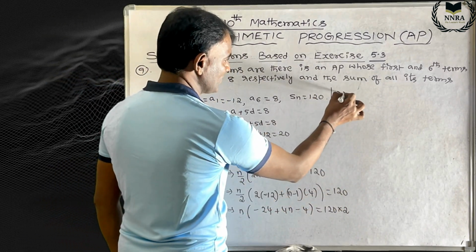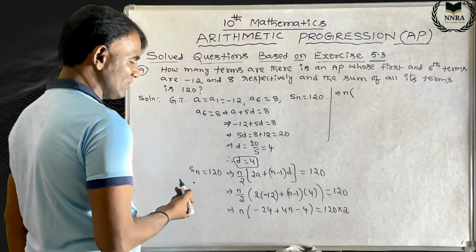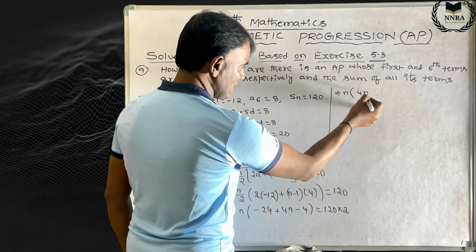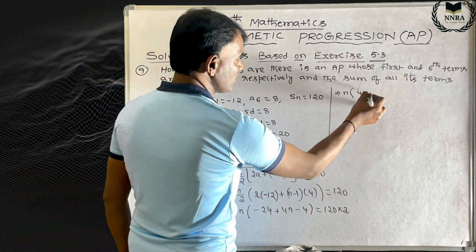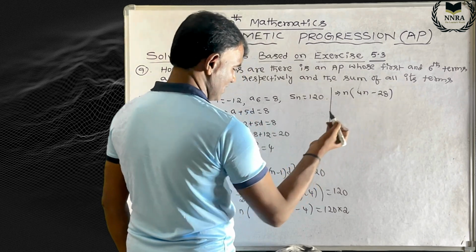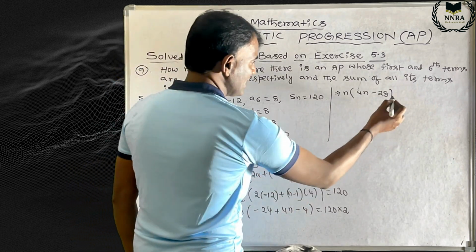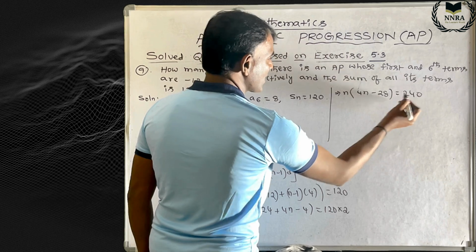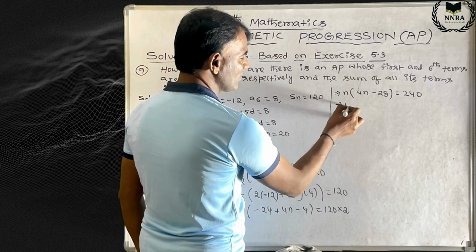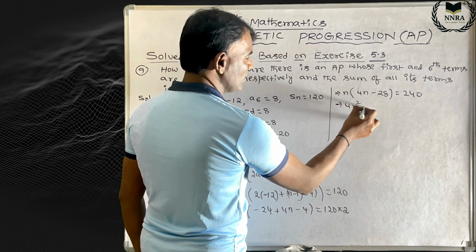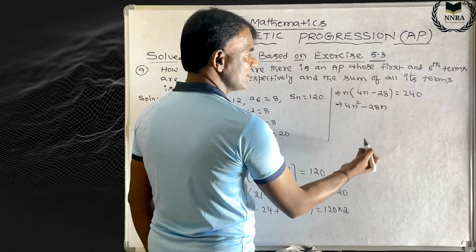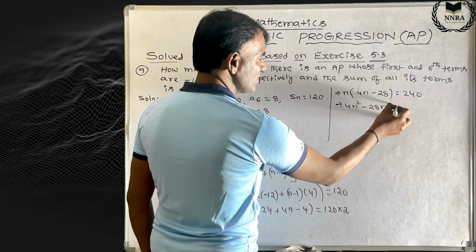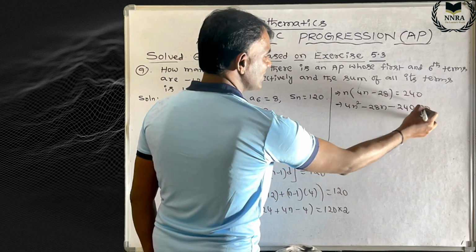After that, how to write it? n into, so what is the bracket value? Positive value is 4n. Minus 24 minus 4, minus 28. Right? And that side it is 240. So n into 4n, square, so minus 28n. So if you write 240 this side, we get minus 240 equal to 0.